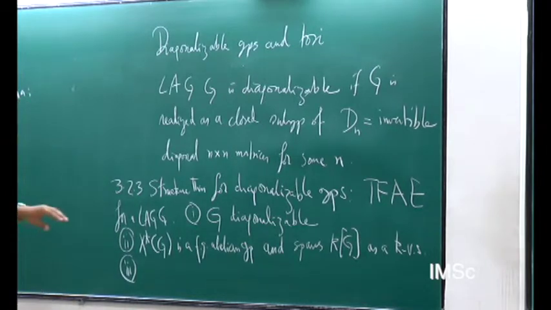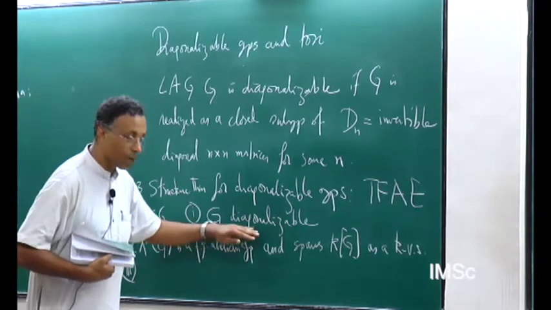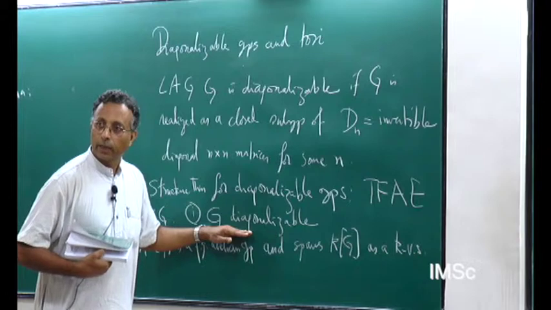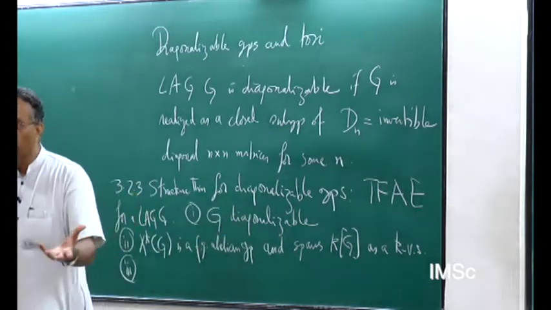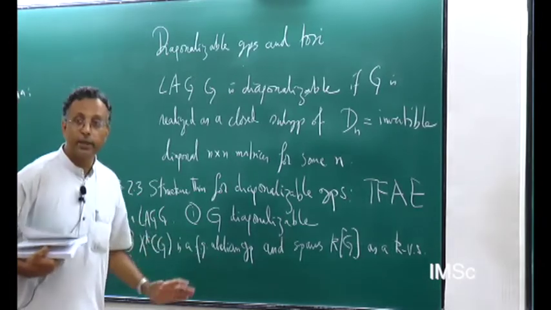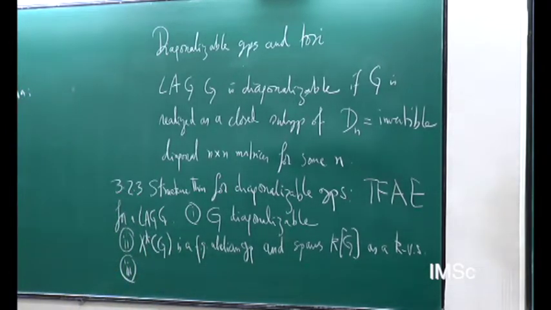And the third is, as we were saying last time, this is a characterization in terms of looking at it as a subgroup. This is a characterization in terms of the coordinate ring, and the third characterization is a representation theoretic characterization.